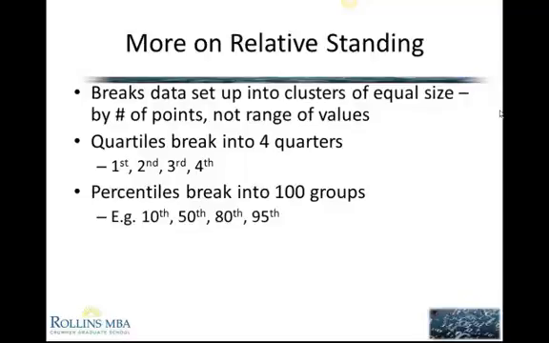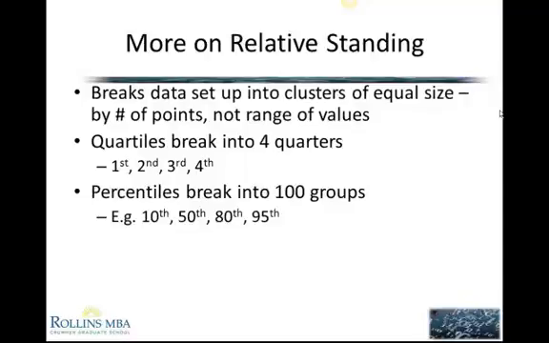That means that 10 out of these 100 groups of equal size, or 1/10 of the data, 10% of the data, fall at or below this value that we're going to call the 10th percentile value. 50% of the observations fall at or below this value we call the 50th percentile. 95% of the observations fall at or below the 95th percentile value, etc.